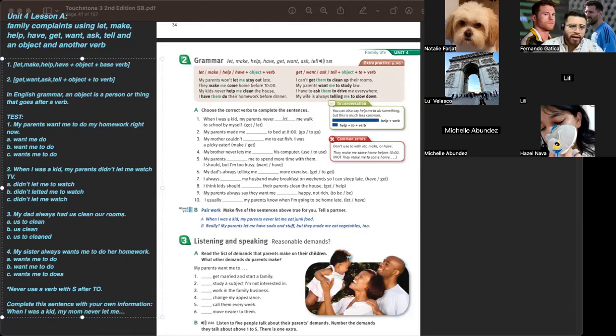For example, when I was a kid, my mom never let me play outside at night. She never gave me permission to play outside at night. Okay, take 1 minute, write the sentence in your notebook.